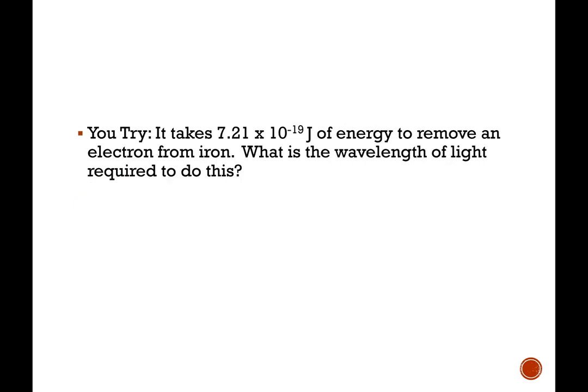In this question, we have an amount of energy, and we are asked to calculate the wavelength. So I have my two formulas. Energy is Planck's constant times frequency, and the speed of light is wavelength times frequency. Since they both have frequency in them, we can just do simple substitution to solve this problem. I'm first going to rearrange my energy equation to solve for frequency.